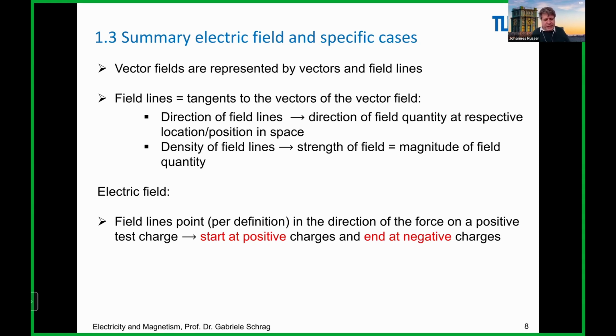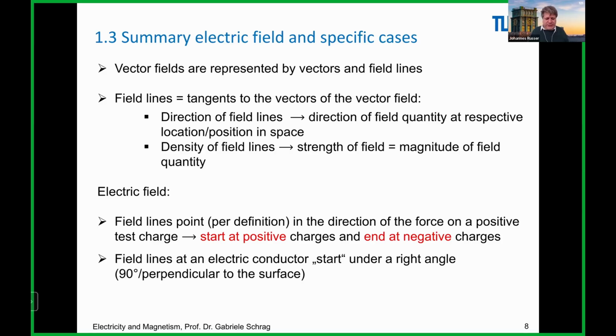So the direction is basically a convention. This is the convention that is used. So we start at the positive charge and they point to the negative charge. And field lines at an electric conductor start at a right angle. This I will also tell you then why that is the case.